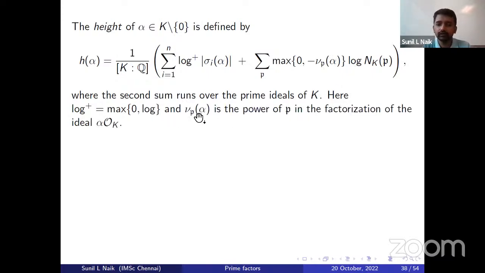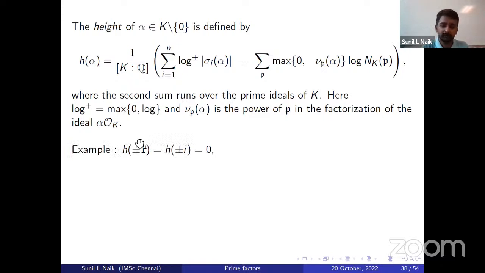Here log plus is the maximum of 0 and log. The valuation of p at alpha is the power of p in the ideal factorization of the ideal generated by alpha over K. And this definition of height of alpha is independent of the field K.